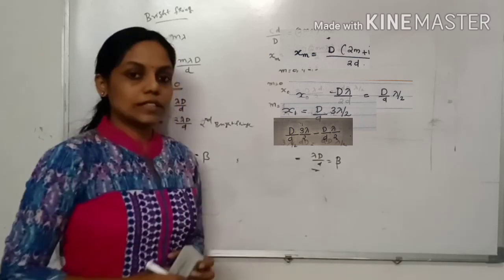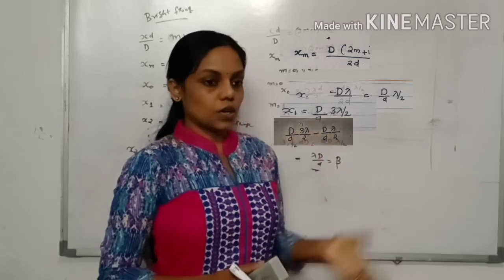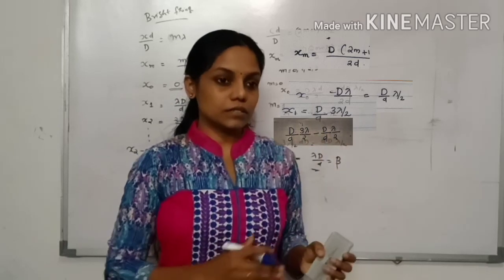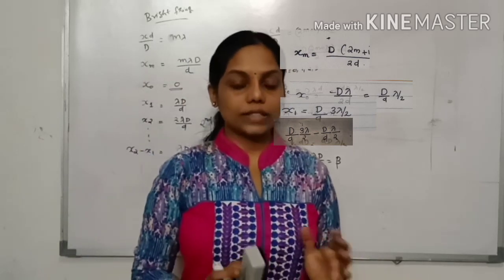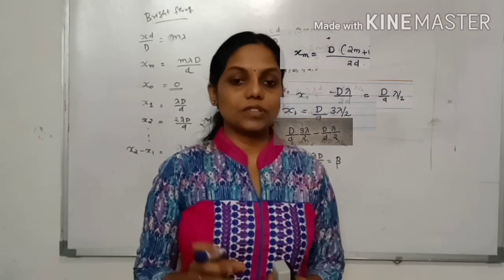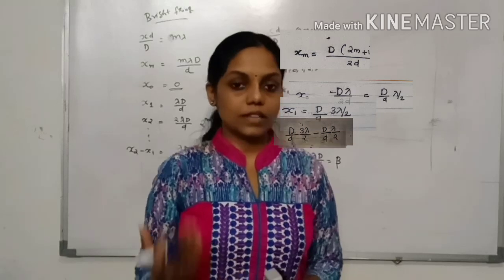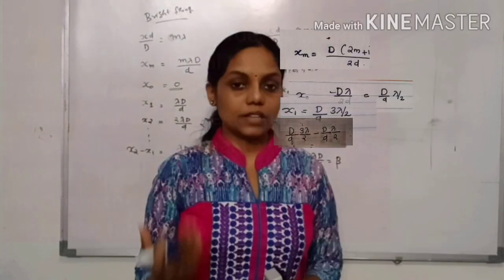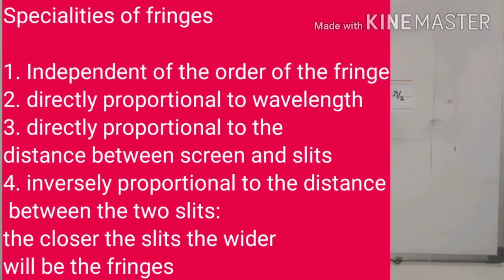We will get alternate dark and bright fringes, and these fringes are parallel and equidistant. The thickness of one bright fringe is equal to the thickness of one dark fringe. The interference pattern produced by Young's double slit experiment is like this. These are the specialities of the fringes produced in Young's double slit experiment.